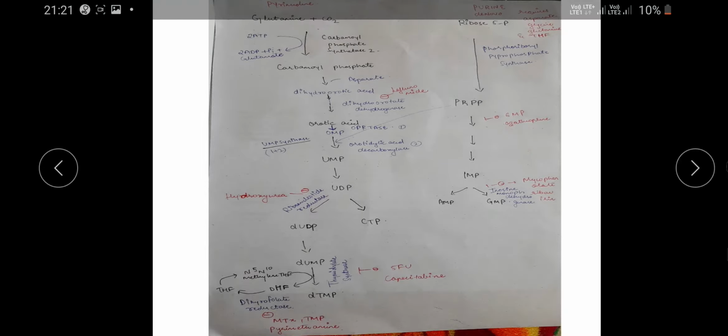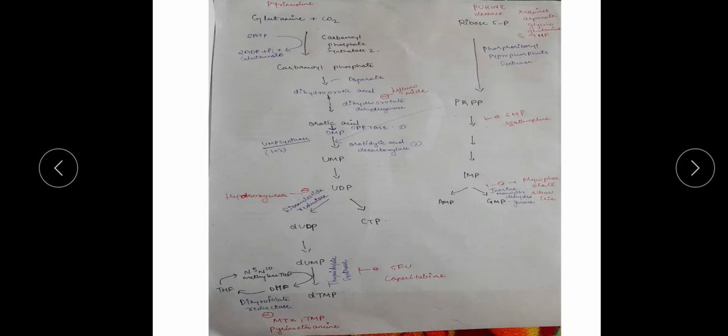Now let us see purine de novo synthesis. We first require ribose sugar, and it requires aspartate, glycine, glutamine and tetrahydrofolate. With the help of the enzyme phosphoribosyl pyrophosphate synthase, it forms PRPP, and after a series of steps, the main product is IMP.